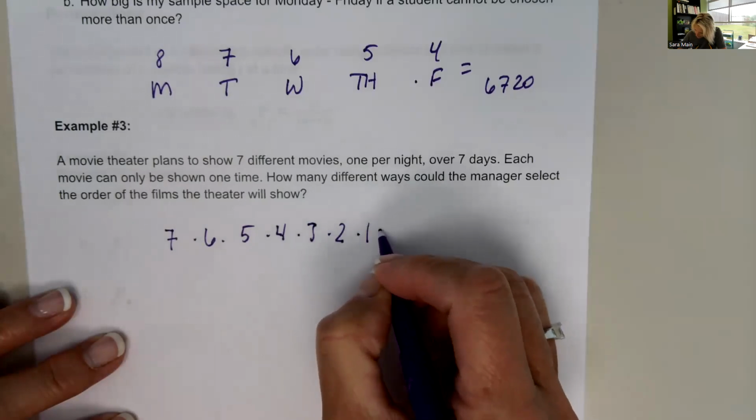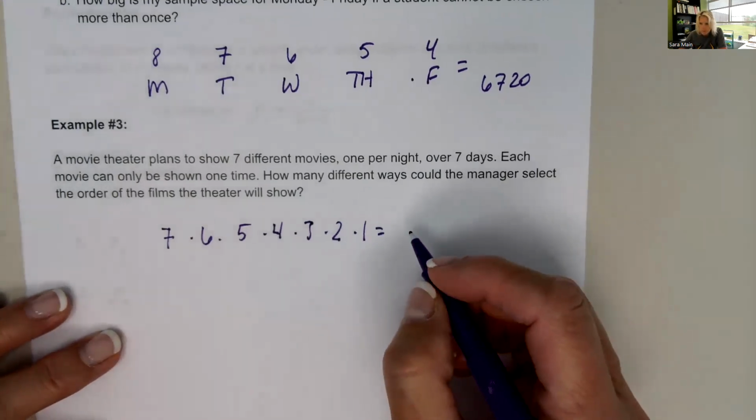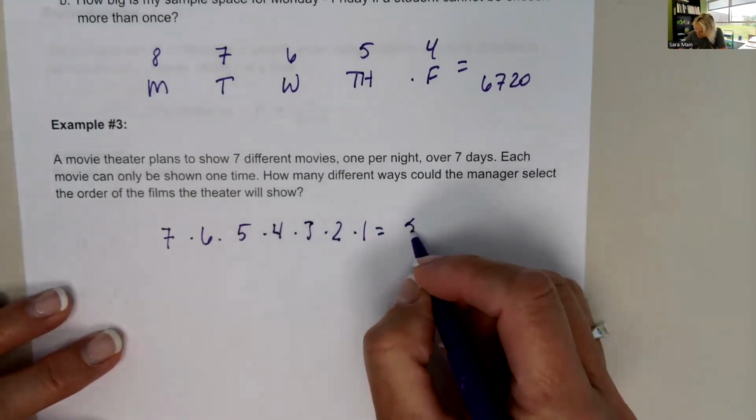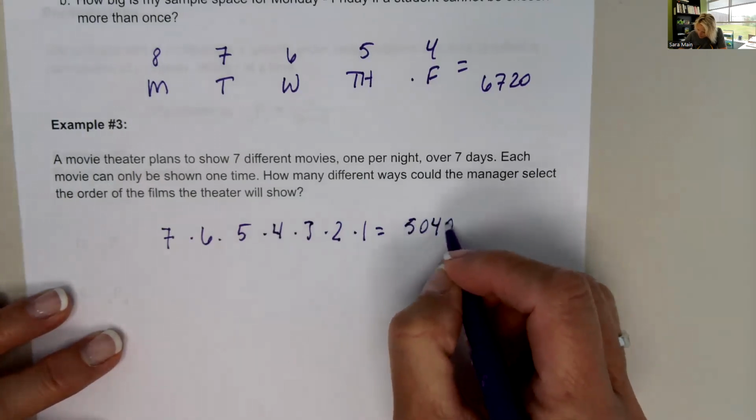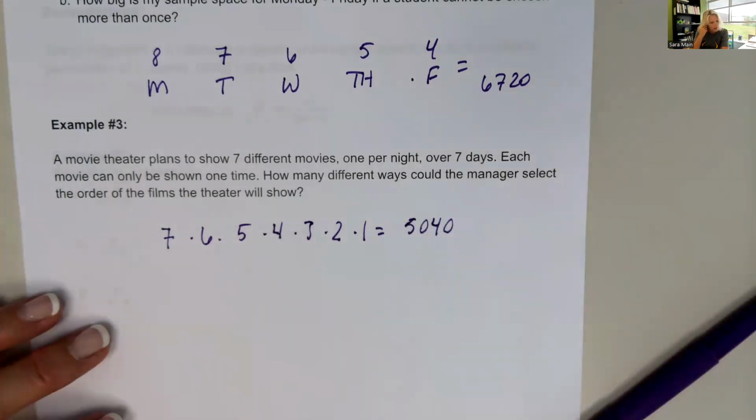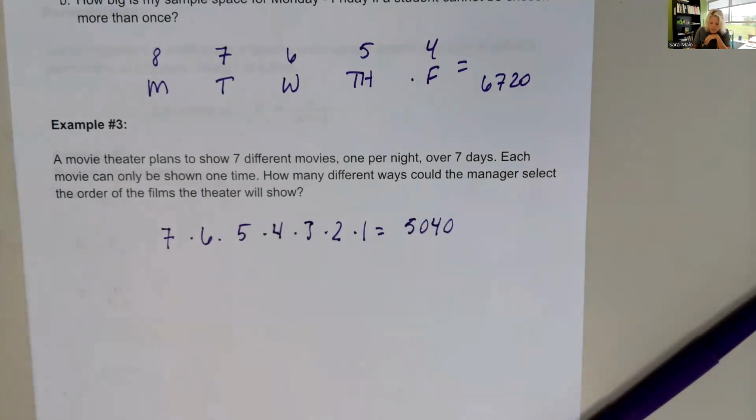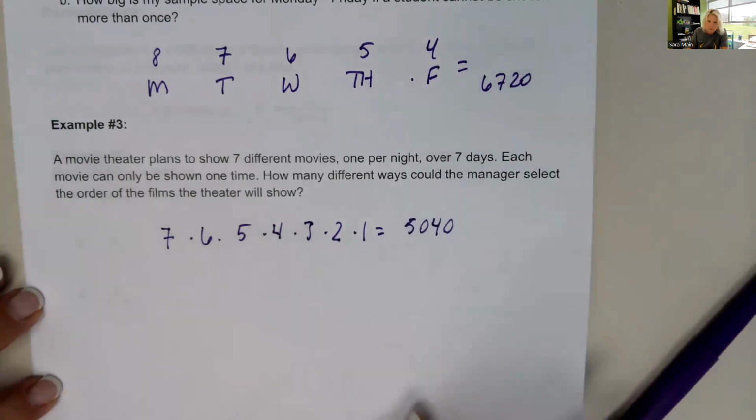Then 2, then 1. And that equals 5,040 ways that you could show those movies.